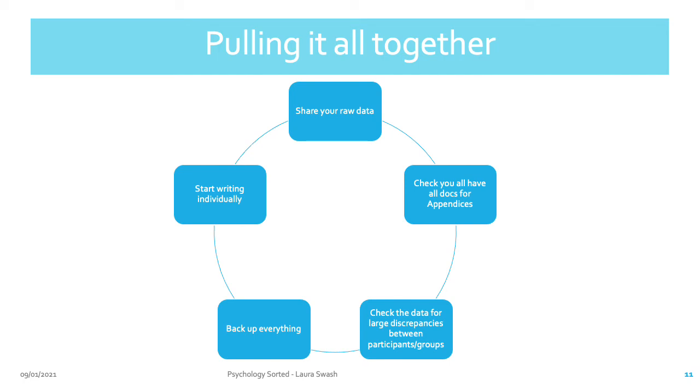If 15 participants, 3 groups of 5 maybe, had one set of results and then the last 5 in a variation conducted by one of your group had completely different results, you might want to check your standardization of materials and procedure. It might just be that it is a genuine difference. You'd have to see. Back up everything and then start writing your report individually and pat yourself on the back because you've finished some of the hardest part.